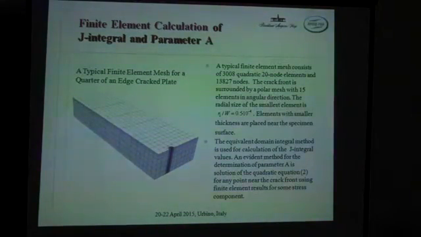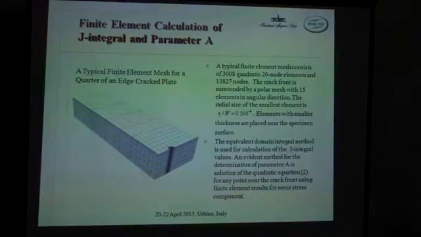But I would like to note that the equivalent domain integral method is employed for calculation of J values in this research. And the method for the determination of parameter A is a solution of the quadratic equation, which was given earlier.